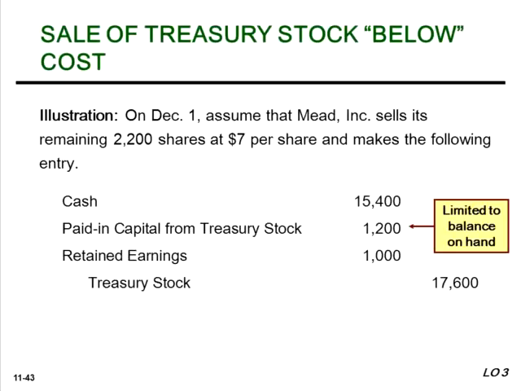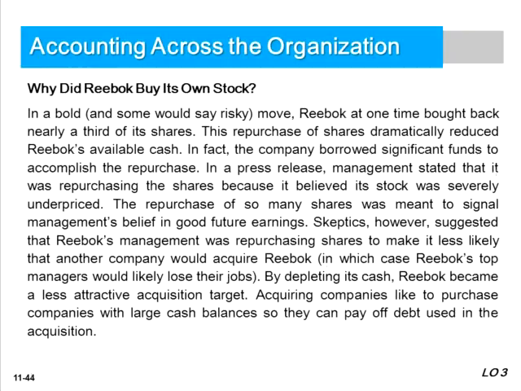So we need a $2,200 debit because the sales price is $1 less than the cost. So the other $1,000 has to come from retained earnings. So we're debiting retained earnings and then credit treasury stock for $17,600, which is the cost basis.